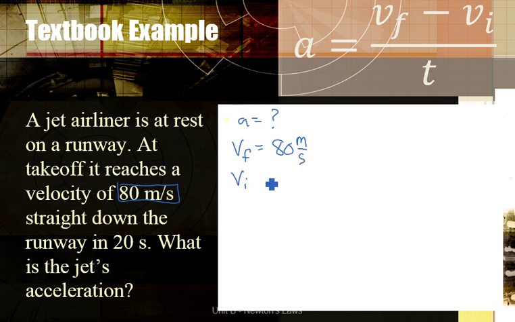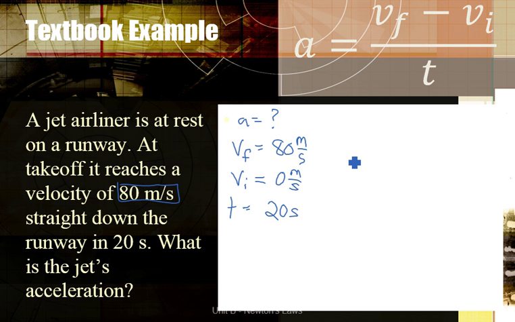The initial velocity is 0 because it was at rest, or not moving, on the runway. And t for time is 20 seconds. So essentially, we're trying to find out what this plane's acceleration was, because it went from 0 to 80 meters per second in 20 seconds.